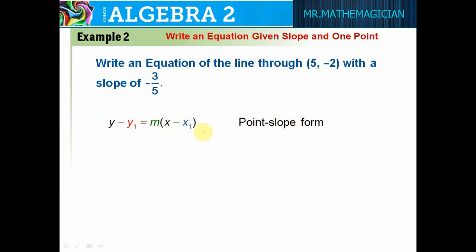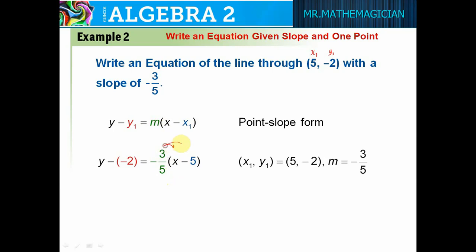This is another form. So you are going to substitute with the point as x1, y1. This is x1, y1. Substitute. Leave the y and x as y and x, general. And put the slope m as negative 3 over 5.